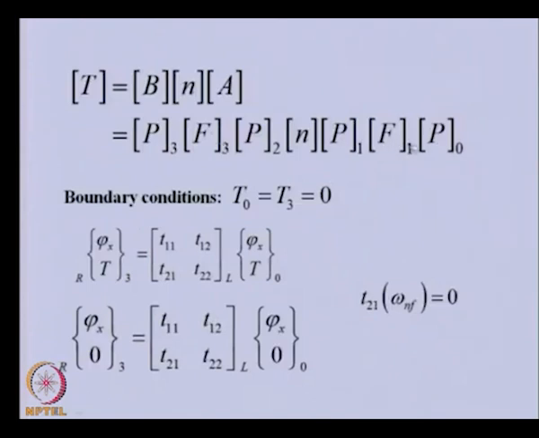If we multiply them, we will get this transfer matrix, and for the free condition, we have already seen that if we apply the boundary condition from the second equation, we get this as the frequency equation. So, this particular term will be the frequency equation. After multiplication of this, we can get this expression.